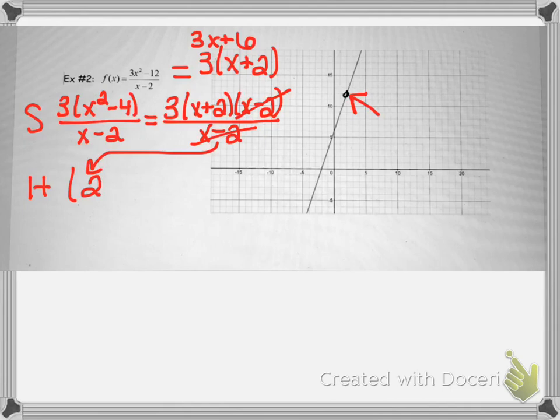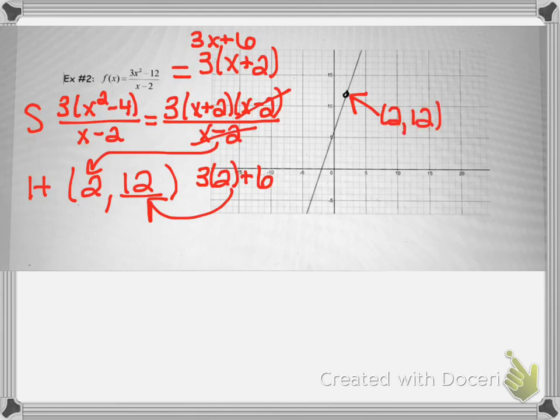So the first thing that I want to do is use that linear equation to find the y-coordinate for the hole. So I take x is 2 and I plug it into my new, very simplified equation, and I get 12 for the y-coordinate of the hole. So that's why the hole is at the point 2, 12.